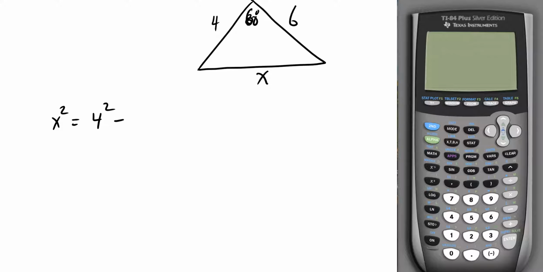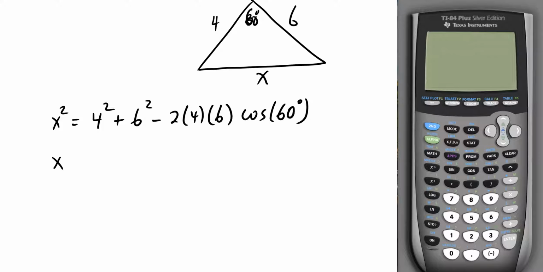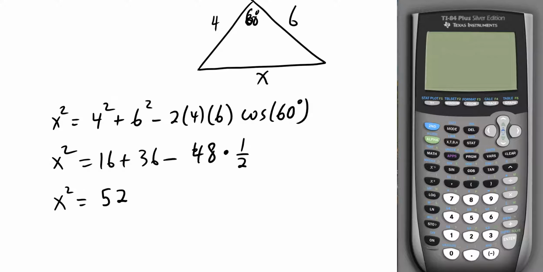x squared is 4 squared plus 6 squared minus 2 times 4 times 6 cosine the angle that is facing x, which is 60 degrees. So you get x squared is 16 plus 36 minus 48. Cosine 60 is 1/2. So you get x squared is 52 minus 24. So then x squared is 28.